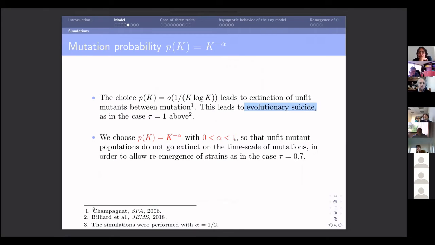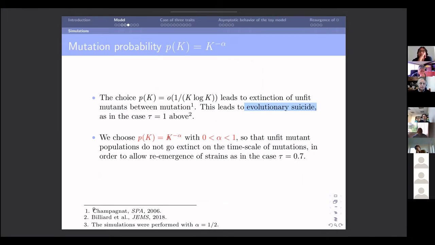So the idea again is that with this scaling of mutations, I hope that some traits which have a tendency to go extinct will not be completely extinct once their fitness becomes positive, meaning that they have a tendency to grow again, for example.